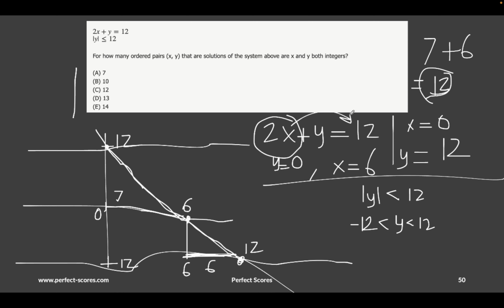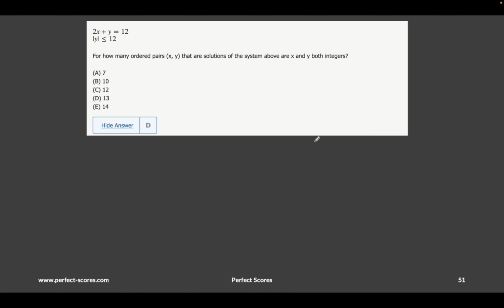Just do it with x because you just want to say if x is an integer, y will turn out to be an integer. But that's not the other way around. If y is an integer, that doesn't mean x will be an integer because it depends whether y is even or y is odd. So you have to figure out using x only. So that gives us the answer, which is 13, which is answer option D.